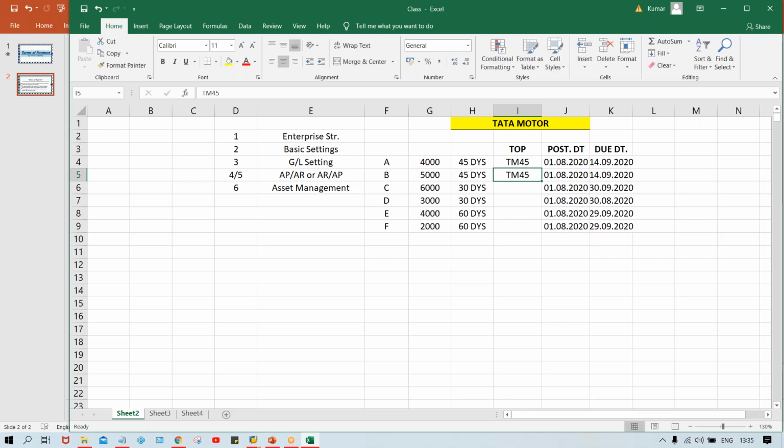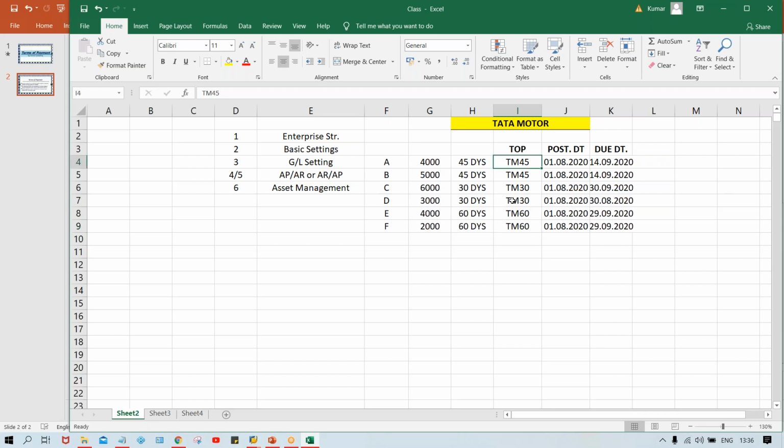Let's suppose TM45. So TM45 is going to be assigned. TM30, again TM30 is going to be assigned. TM60. Likewise, multiple terms of payment are going to be created, and at the time of creation of the vendor master, in the vendor master itself we are going to give this terms of payment.